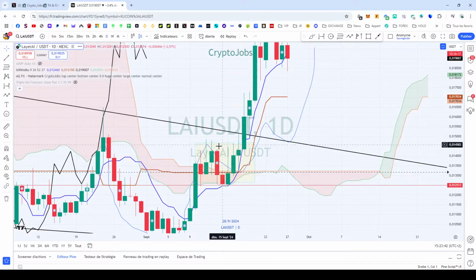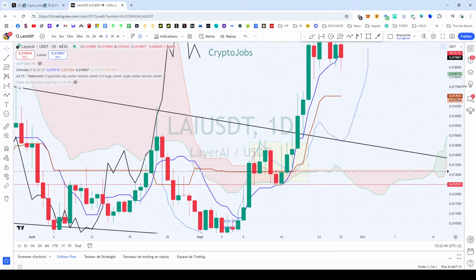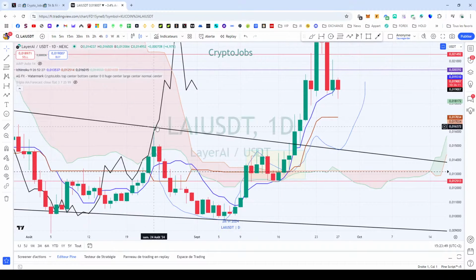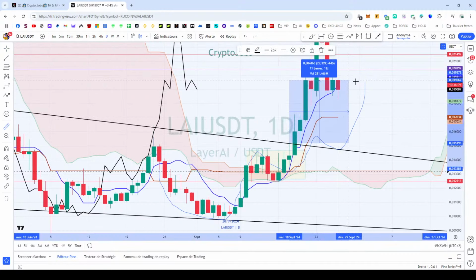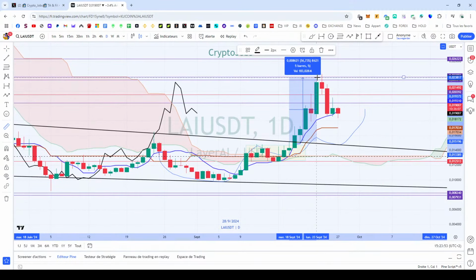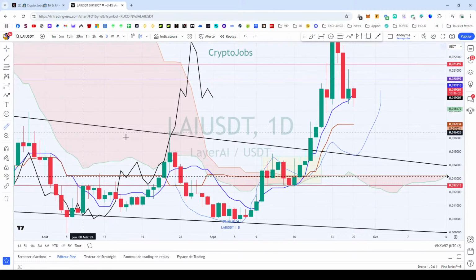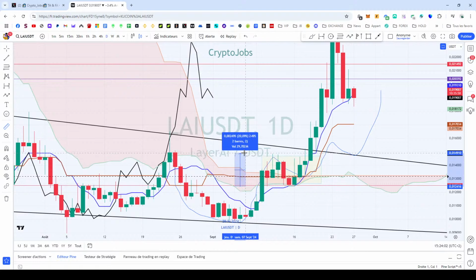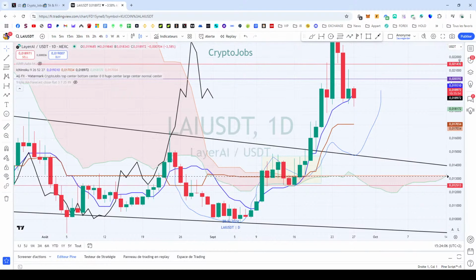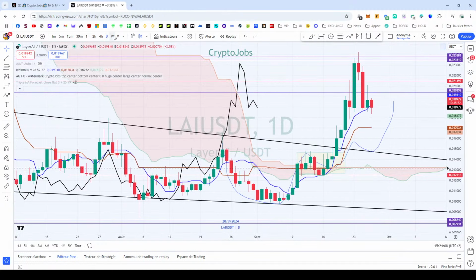This corresponds to the handle consolidation on the cup, and the lagging span a few days after exploded, broke the channel, and that was the retest we waited for. Boom, 60% pump from this safe breakout, and if you entered with more risk at the bottom I shared, you could have gained 20% more, so that's 80% from the level I shared.